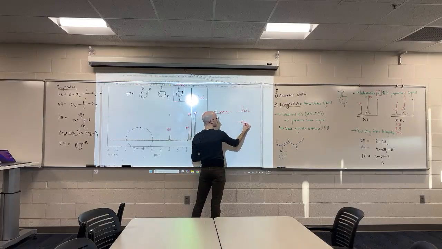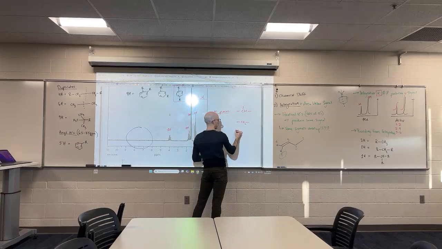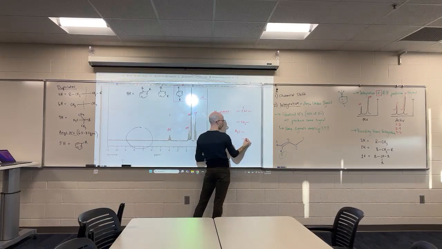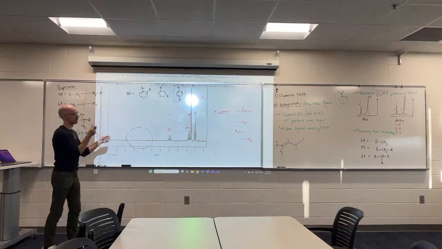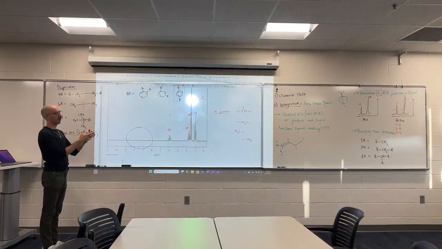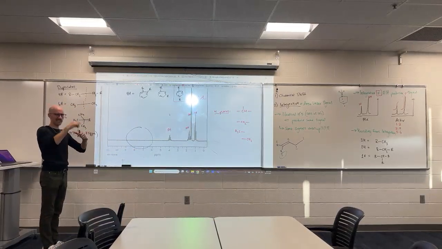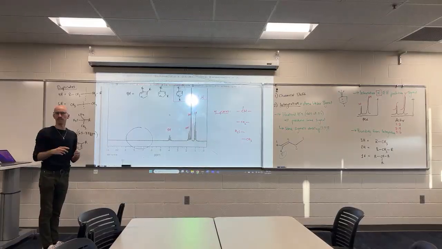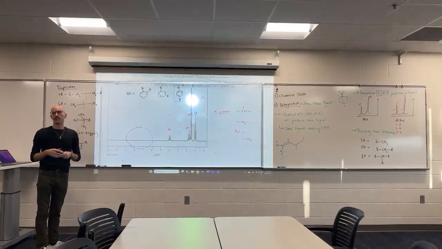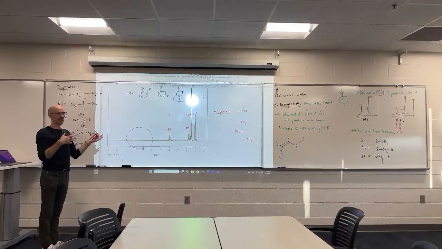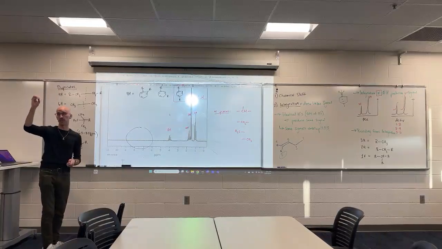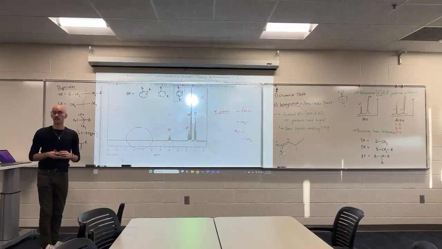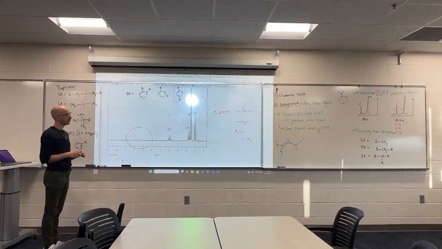I've got a CH2 group. And I've got 2 CH3s. I want to put those CH3s on either side, pointing other directions, because this is a linear structure, right? If you don't believe me, I gave you the chemical formula. We can do degrees of unsaturation: 0 degrees of unsaturation in this molecule, a linear structure.